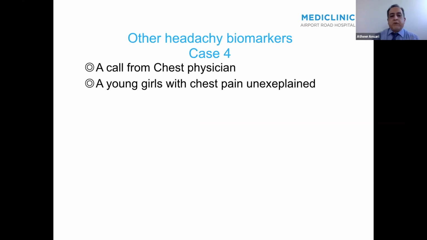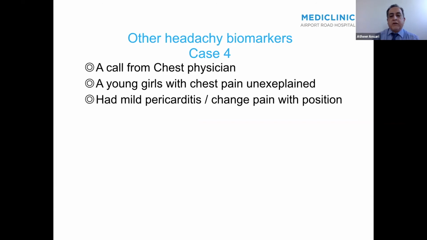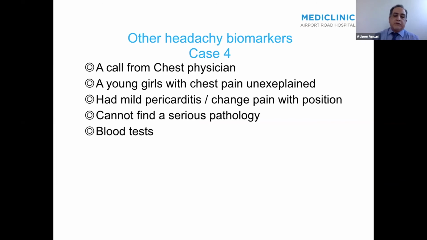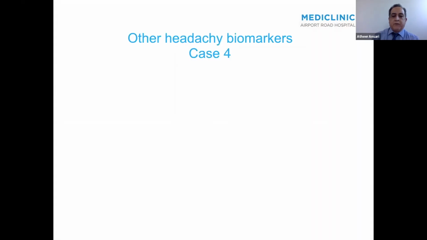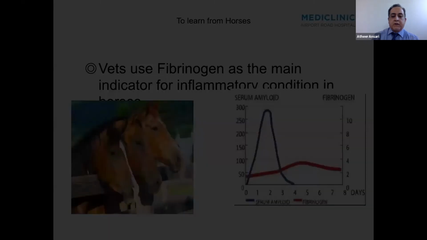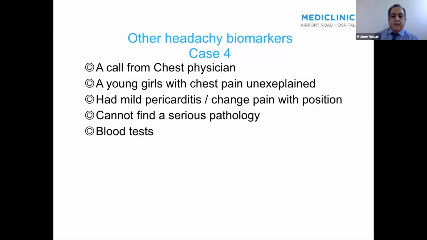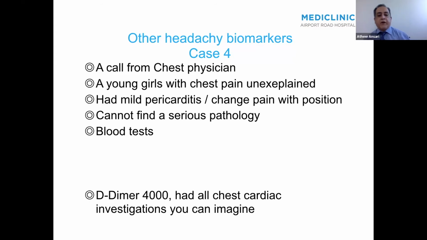Once I was called by a chest physician, there was a girl with unexplained chest pain, mild pericarditis, that's the clinical diagnosis. They cannot find serious pathology, just some pericardial-like symptoms. They found her D-dimer 4,000.